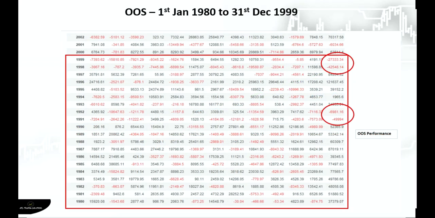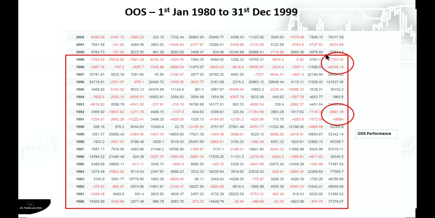But now let's have a look at the monthly performance data of the out-of-sample component of the backtest. And first, let's look at the out-of-sample portion between the 1st of January 1980 to the 31st of December 1999.